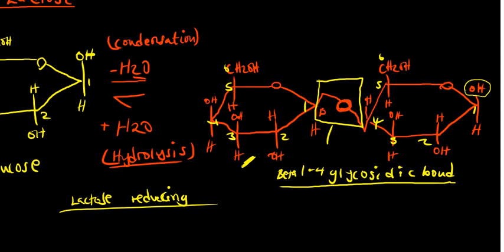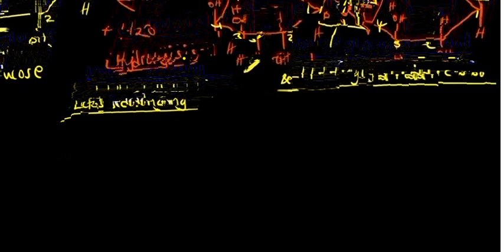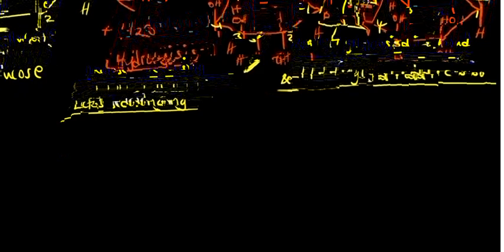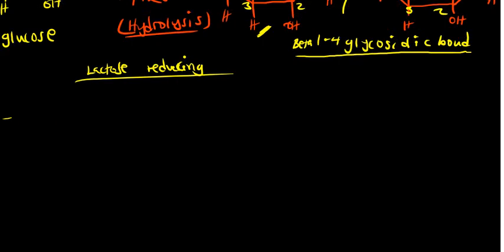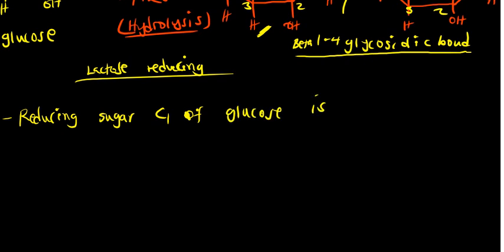So let's look at some other properties. We've already discovered that lactose is a reducing sugar because carbon 1 of glucose is free, and that means it can participate in other reactions.